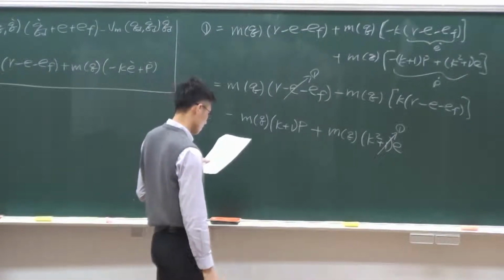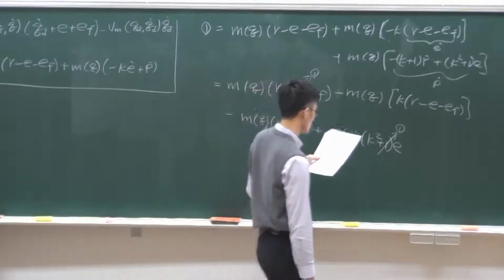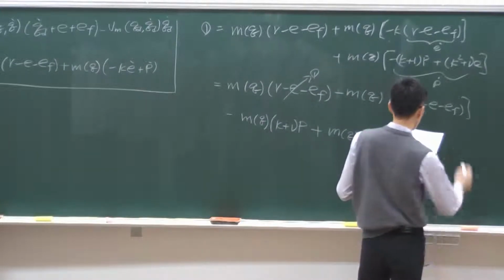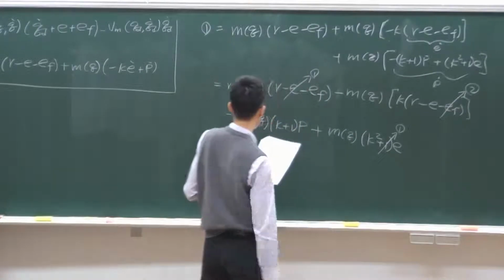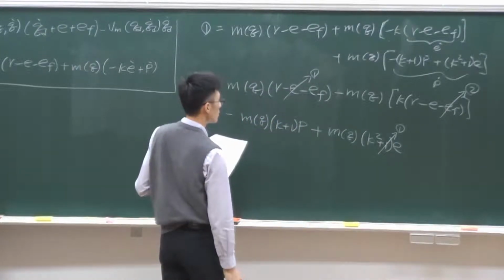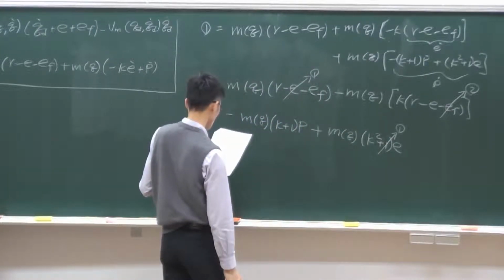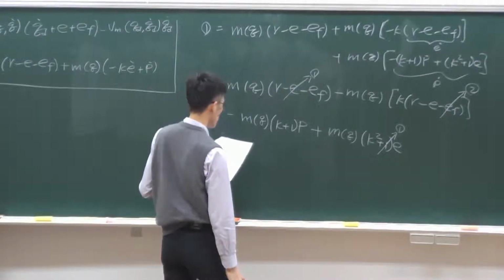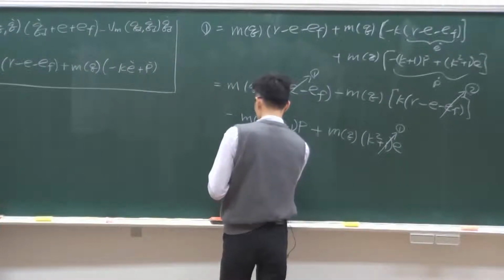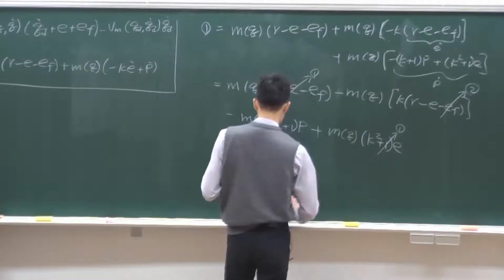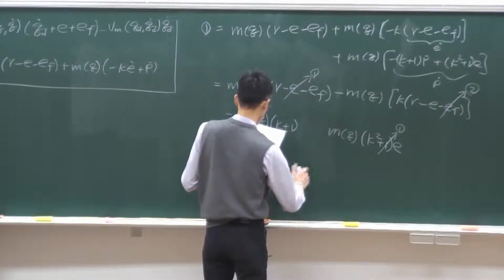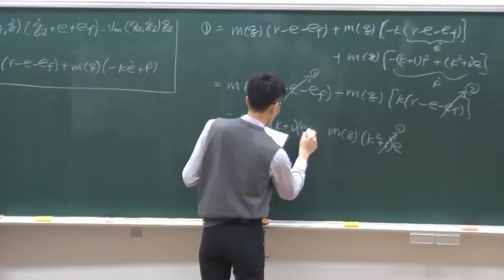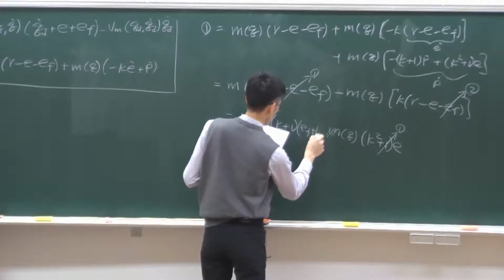And second, this term, MEF, KP, and P is equal to EF plus KE.